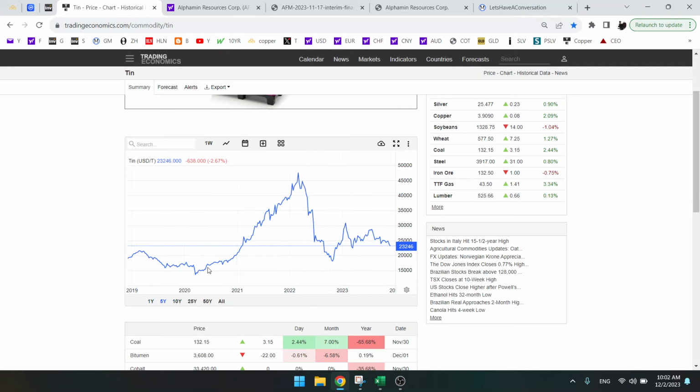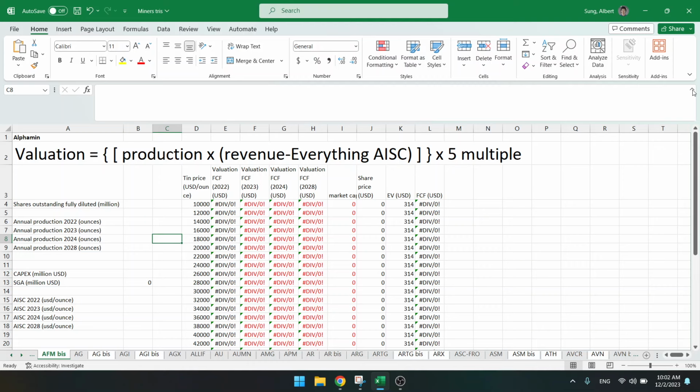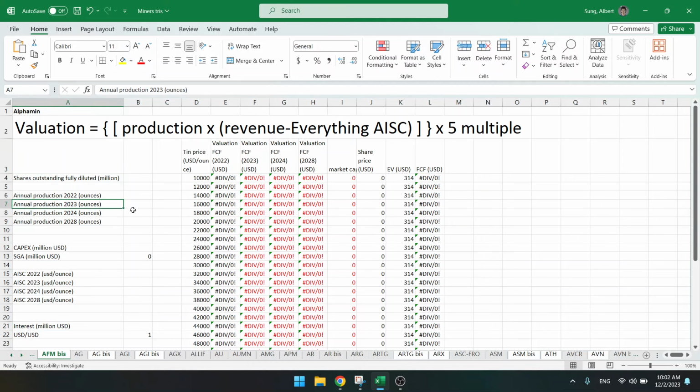Anyway, we are going to showcase how we create the following leverage chart with Alphamin, so that you have a clear understanding on how this works. And we are using tons.